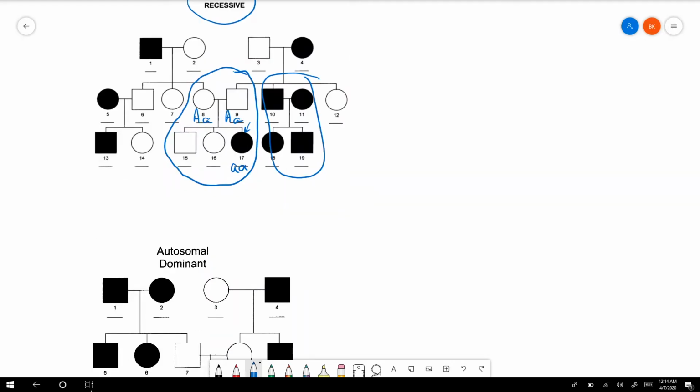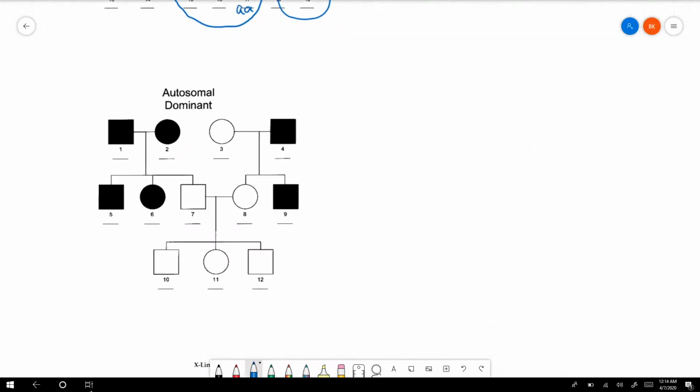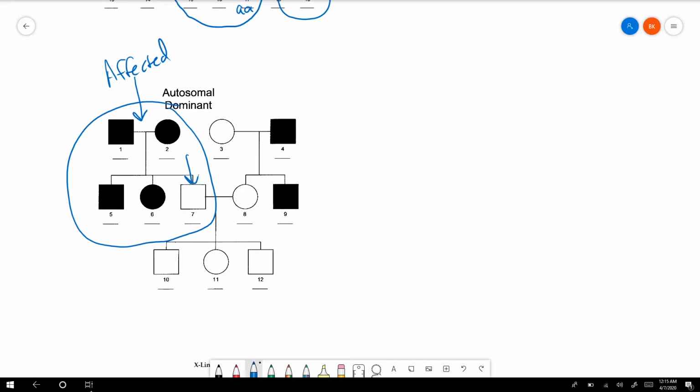The definitive factor that something is autosomal dominant, we can see down here. What does this mean? This is definitive because here you have 2 parents who are affected and they have a child who is not.